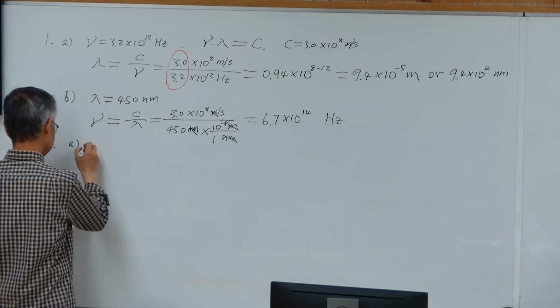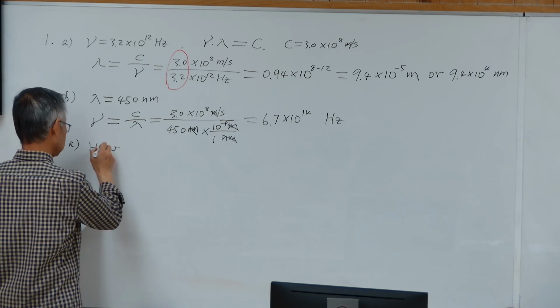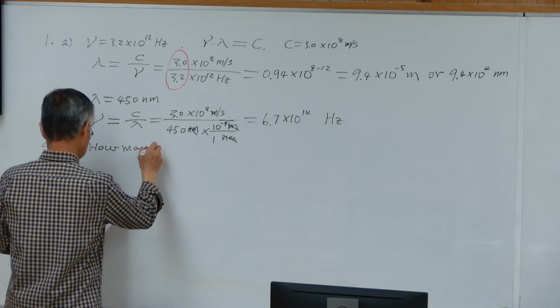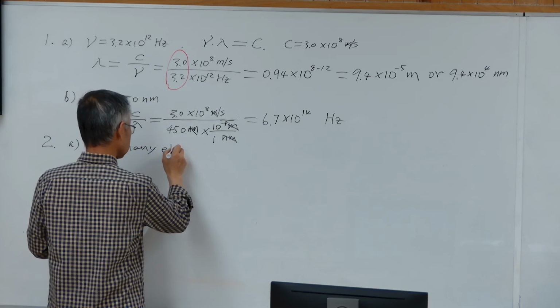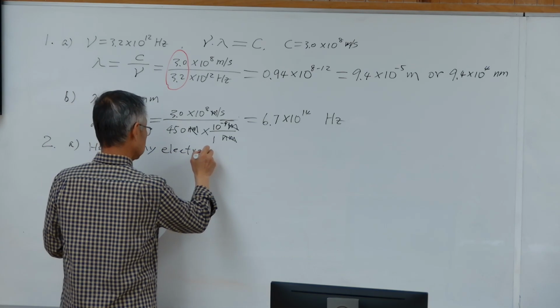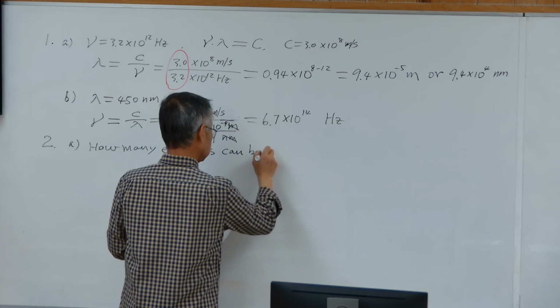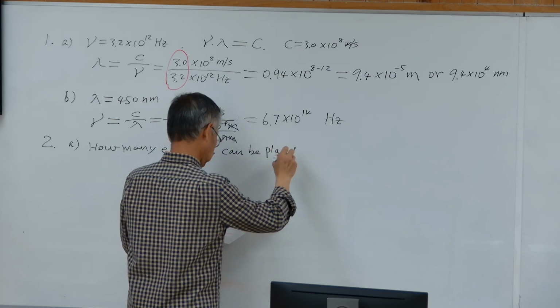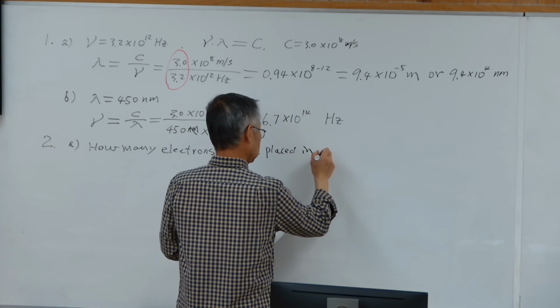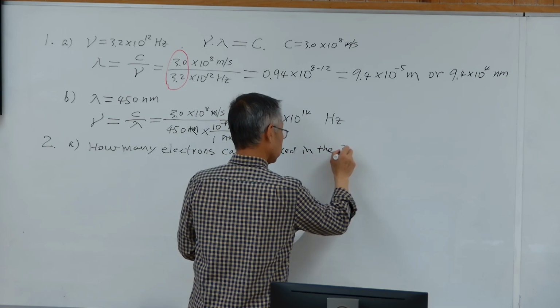Part A asks how many electrons can be placed in a 3D subshell.